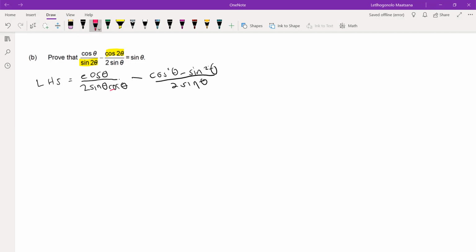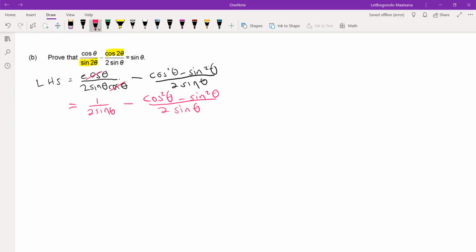Here, the cos theta can cancel that cos theta, and we will be left with 1 over 2 sine theta minus cos squared theta minus sine squared theta over 2 sine theta.